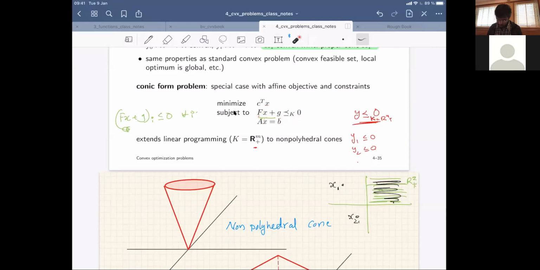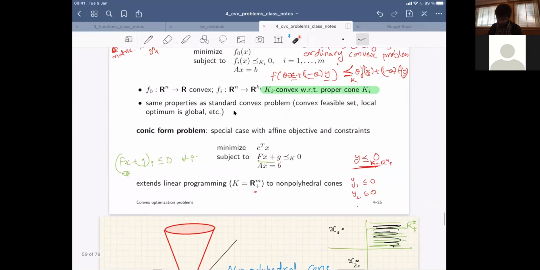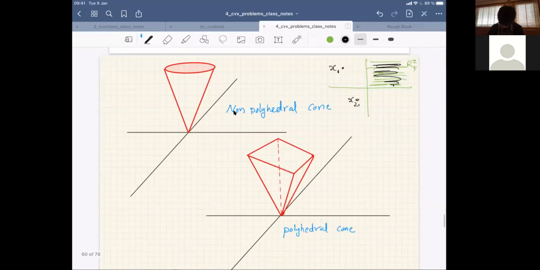What we were discussing is when this cone is R plus m, so this will be a component wise inequality. Maybe I will write it here somewhere.